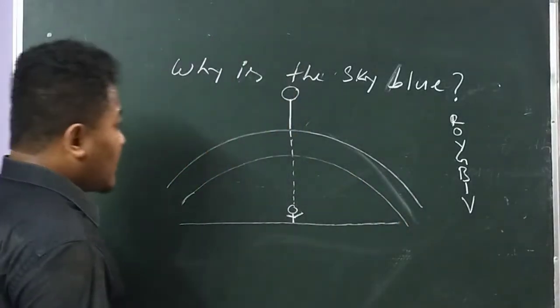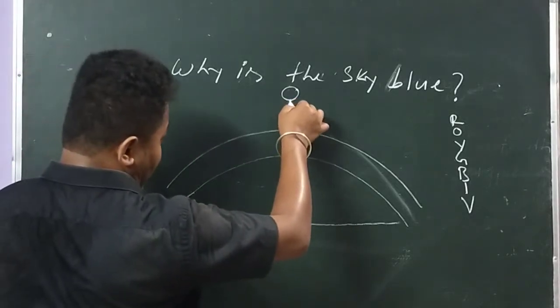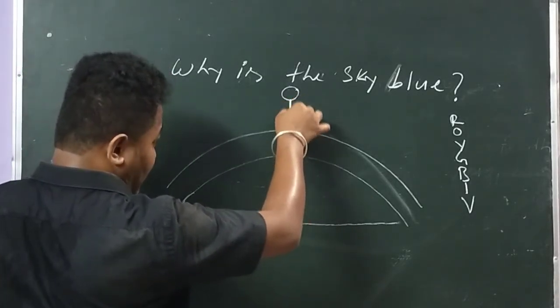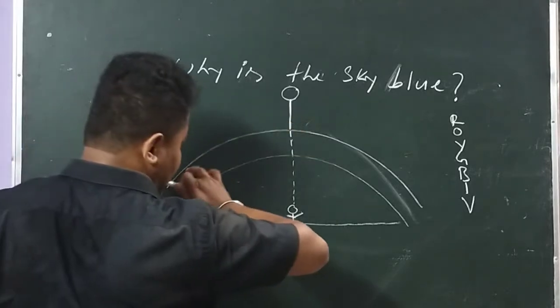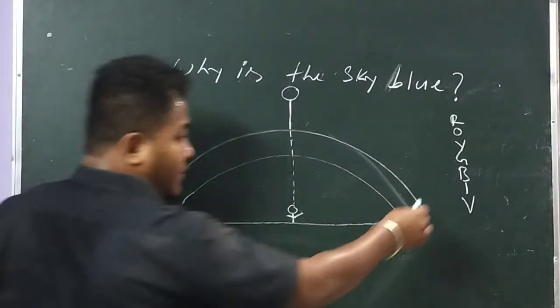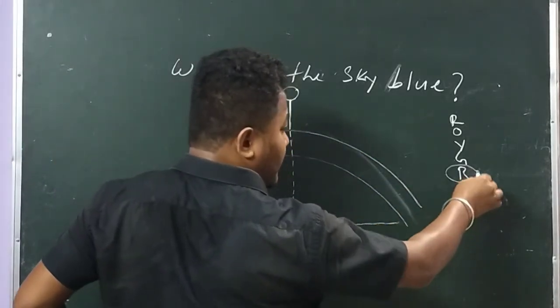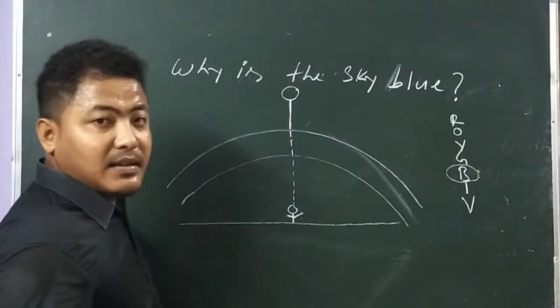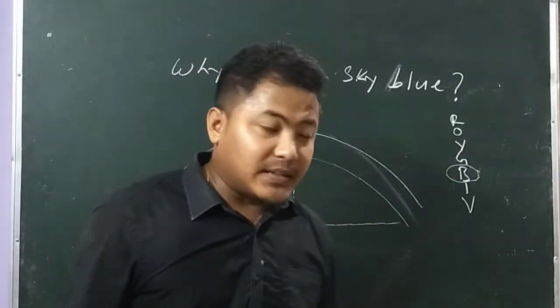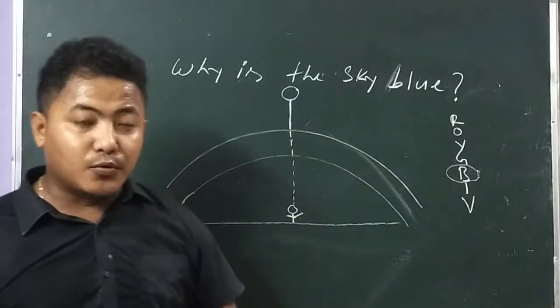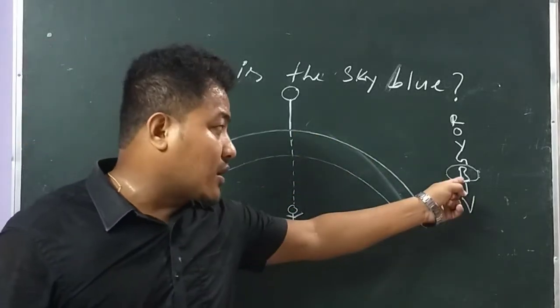That is why once the sunlight, or once the light, passes through the Earth atmosphere, the blue color will scatter more. That is why we see the sky as blue. Have you got it? Blue color, two reasons.